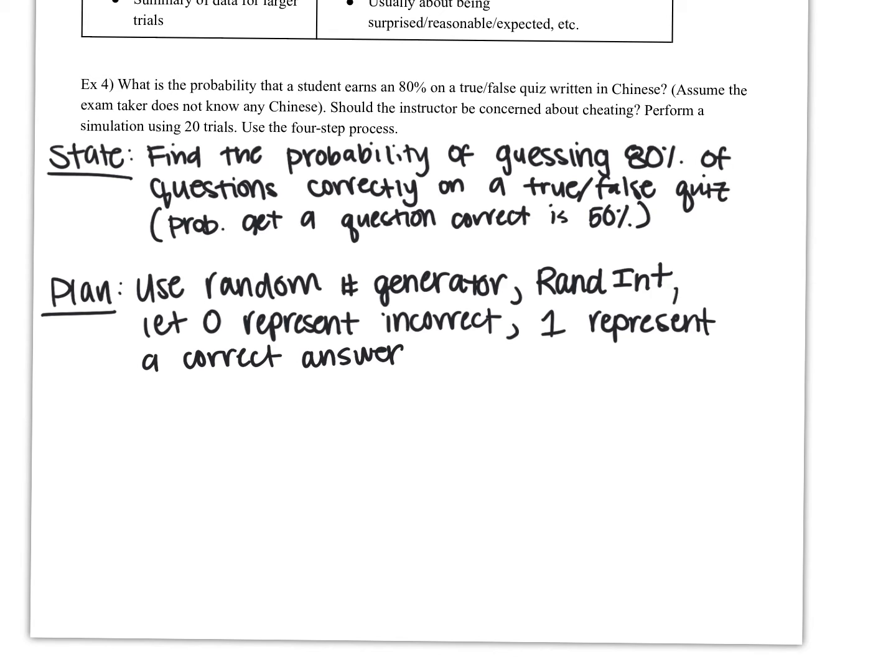So then we'll run our trial 20 times, so n will equal 20. We'll record how many correct answers there were and how many incorrect answers there were.